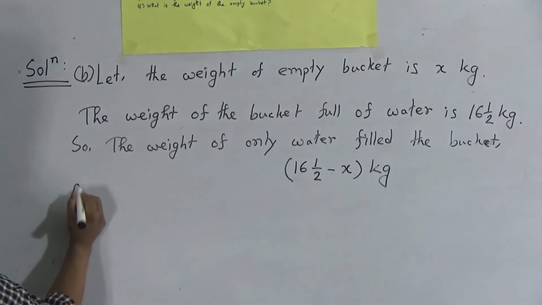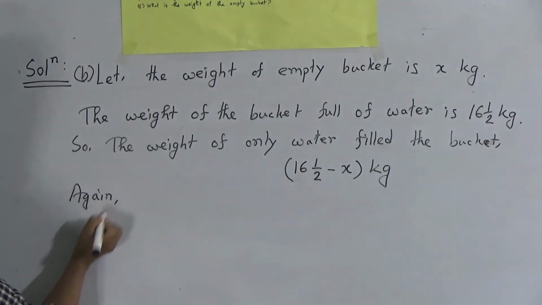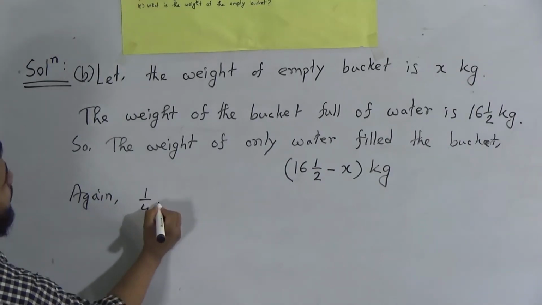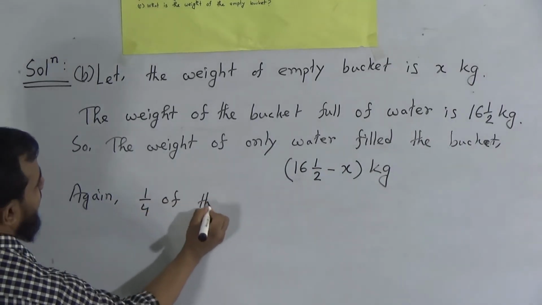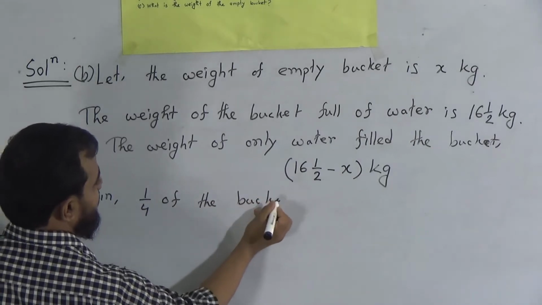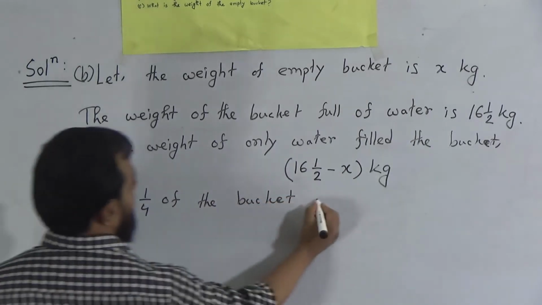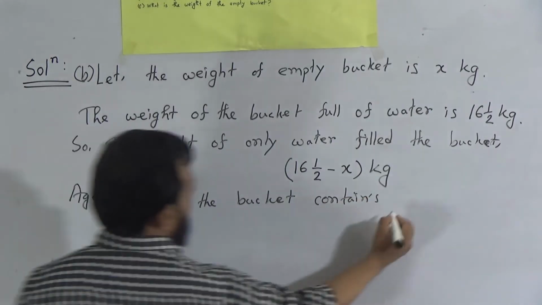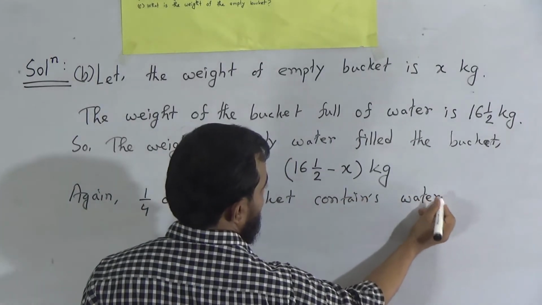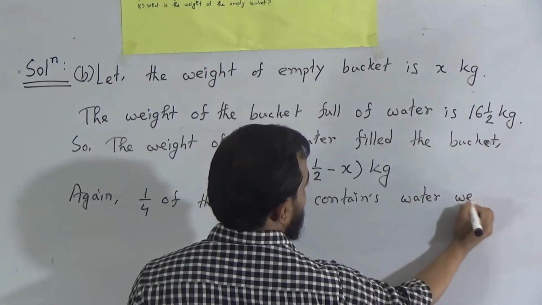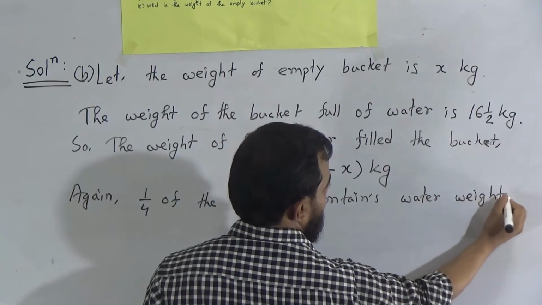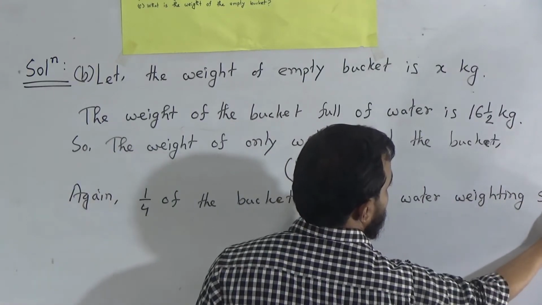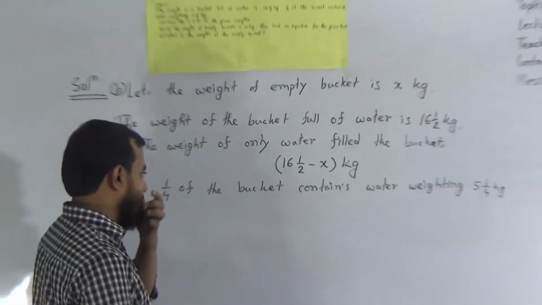Again, 1/4 of the bucket contains water weighing how much? Weighing 5 1/4 kg, when it is 1/4 filled up.